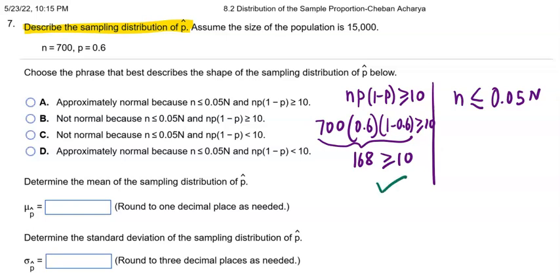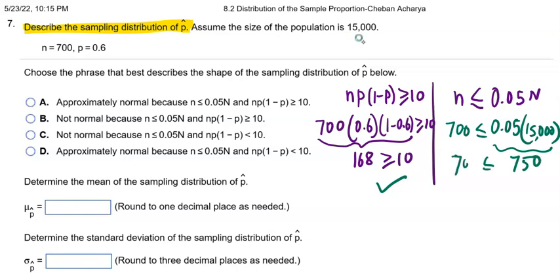The second criteria: you use n less than or equal to 0.05 of uppercase N. The n again is 700, is less than or equal to 0.05 of uppercase N, which is given as the size of the population, 15,000. 0.05 of 15,000 gives you 750, and 700 is less than or equal to 750. So this is also true.